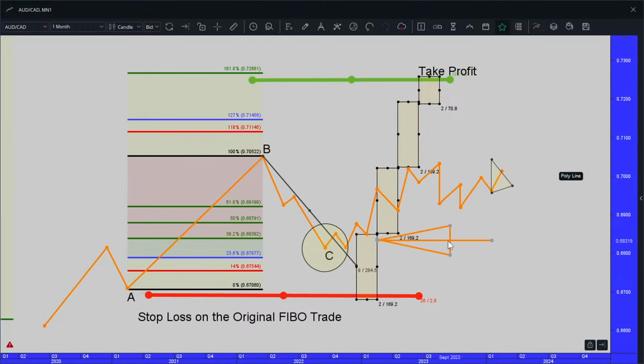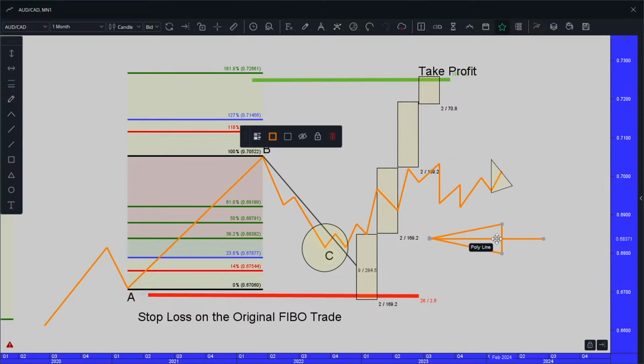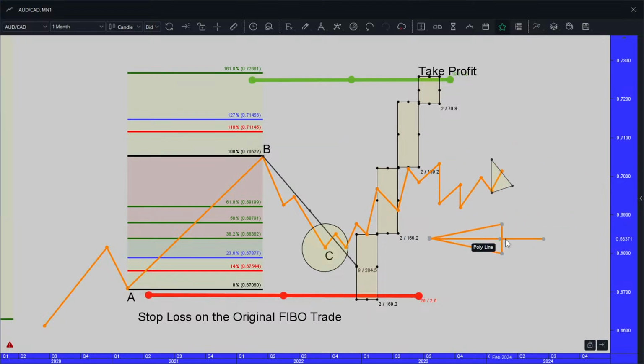Oh my gosh, I should have entered here and I was sleeping or jogging, or if this is the daily chart, I was on vacation, or this is the 1 hour chart or 30-minute chart, I was at the job, and this was the entry, and here Elvis has left the building, or the train has left the station.